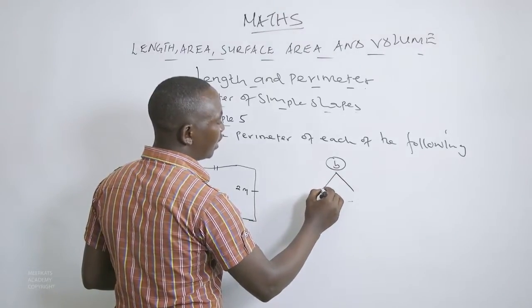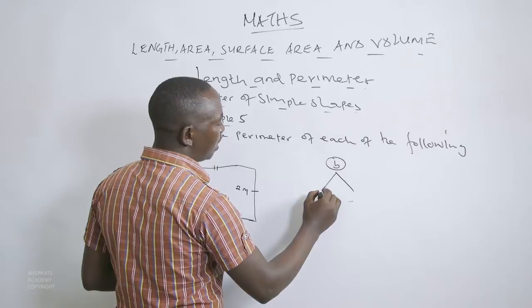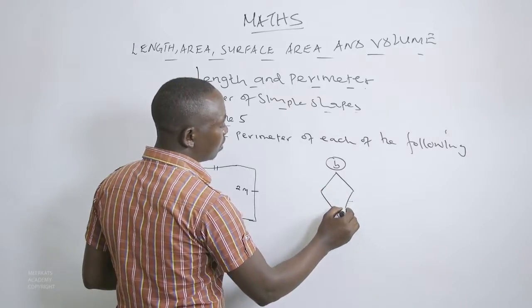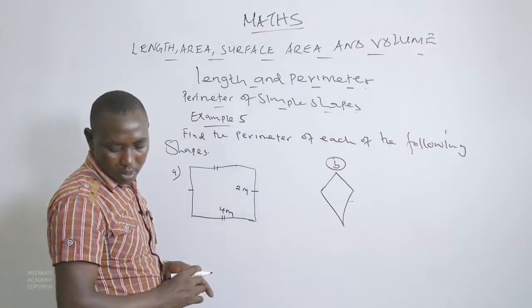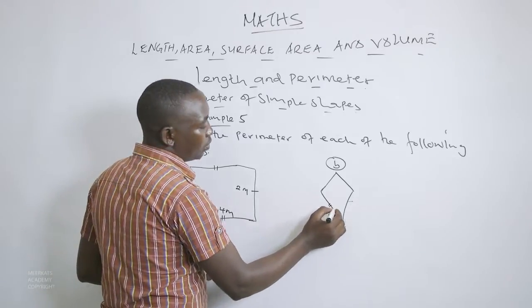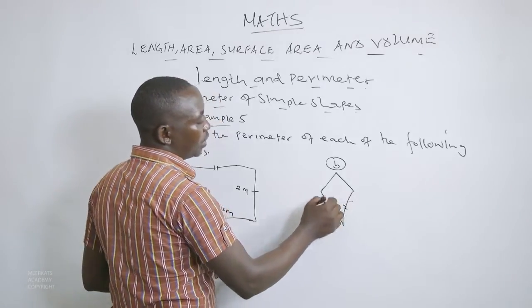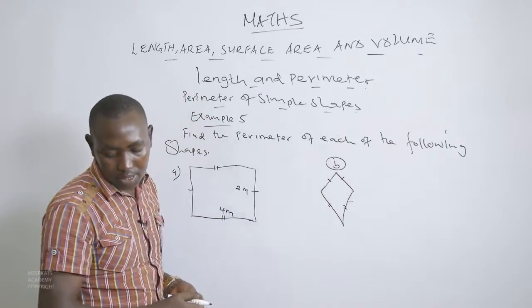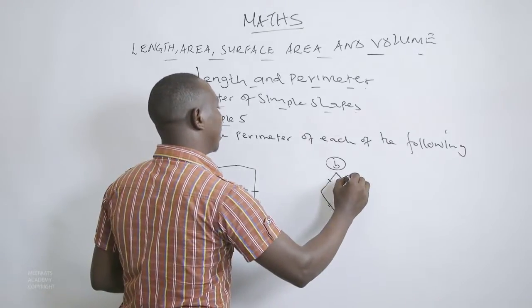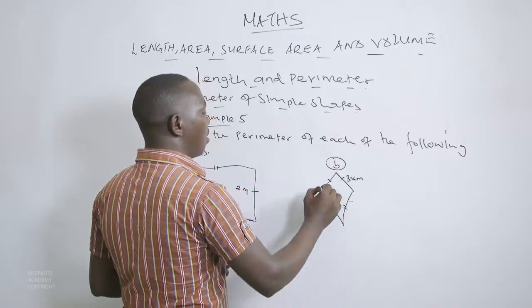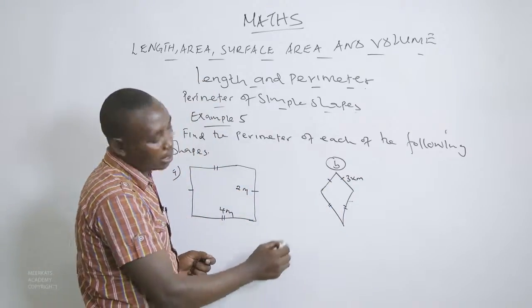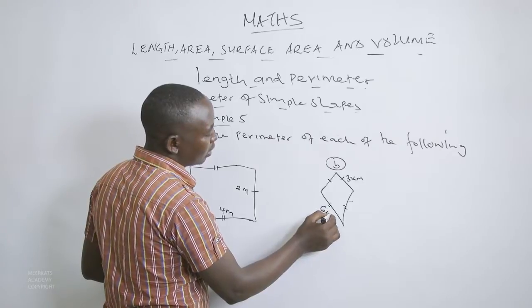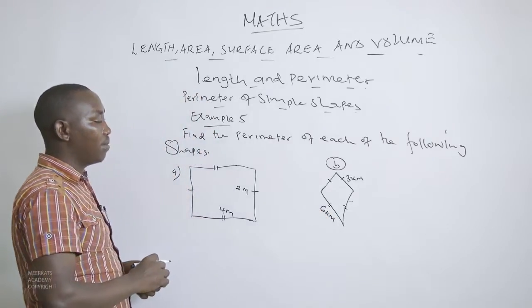We know that a kite is normally divided into two triangles which are isosceles. This side equals that side, this side equals that side. We are told that this is 3 kilometers, but then this longer side is 6 kilometers.